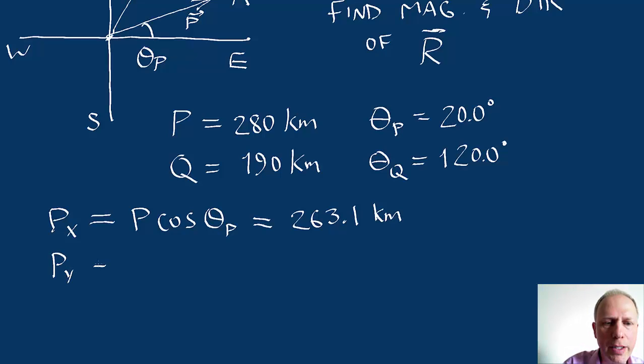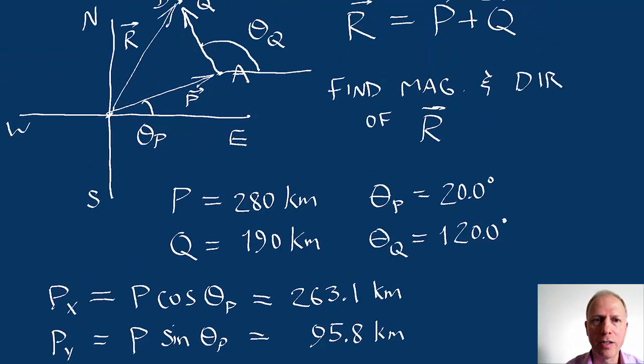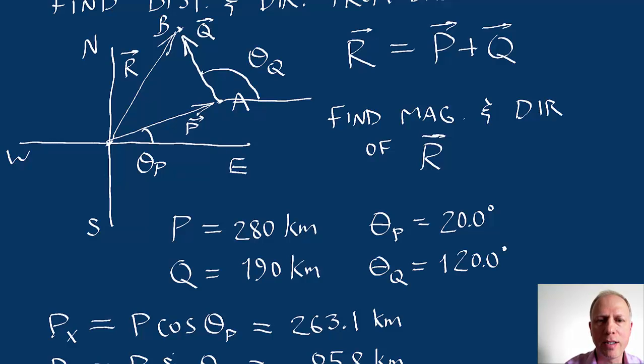The y component of P is equal to the magnitude of the vector times the sine of theta P, and I find 95.8 kilometers. It's not a bad idea to take a look at your sketch to see if those numbers make sense. 263 in the horizontal direction, 95.8 in the vertical direction seems plausible.